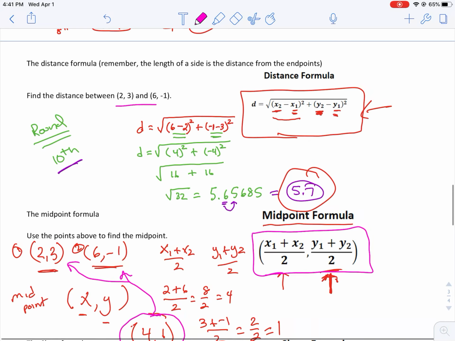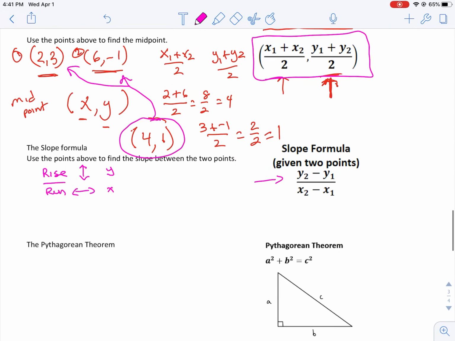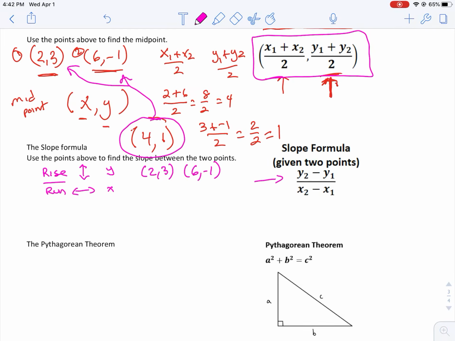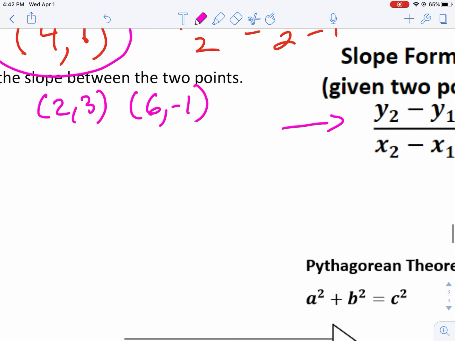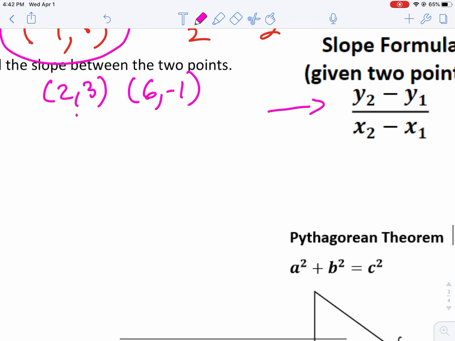They want us to continue to use these exact same points from here. So 2, 3, and 6, negative 1. So let's get that 2, 3, 6, negative 1, okay? All you gotta do, call them 1.1 and 1.2 and plug them in. So y of the second point is negative 1 minus y of the first point, negative 1 minus 3.